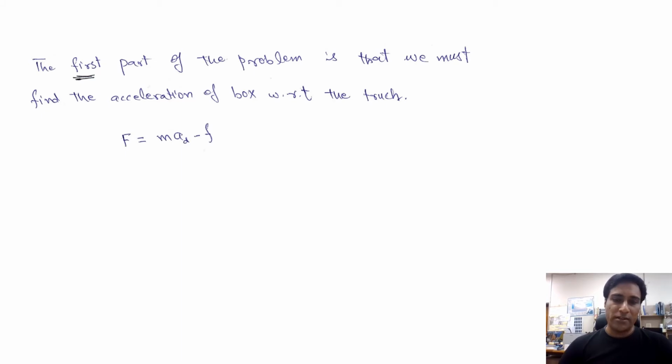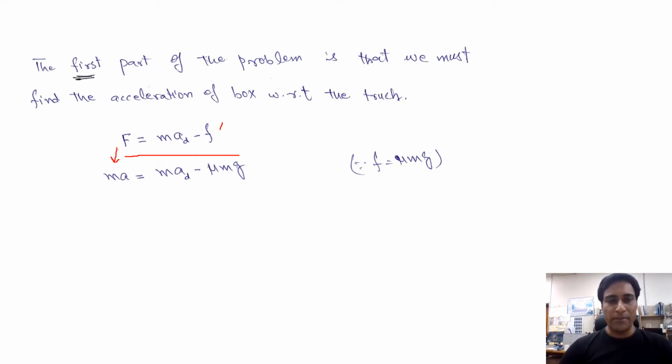For that, our equation will be F is equal to m a_d minus the frictional force. Here we know that F is equal to ma, which is equal to m a_d minus mu mg, because the frictional force is mu mg.